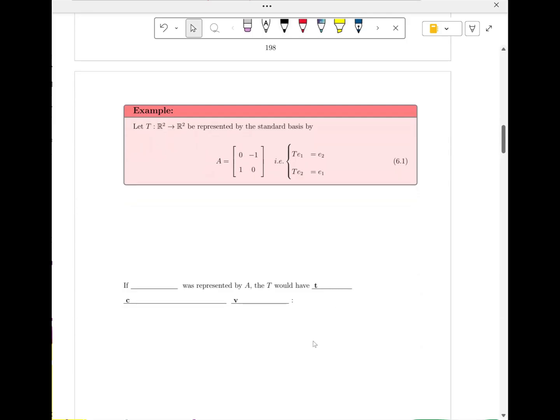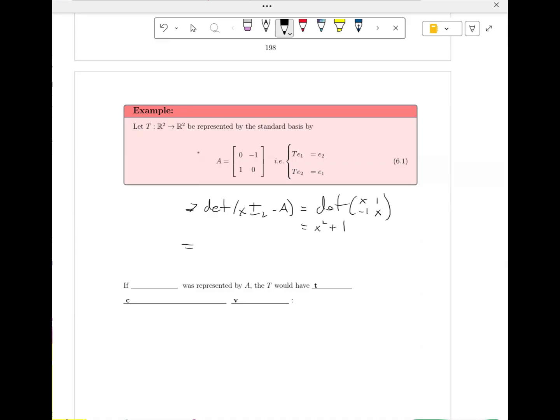So if we look at T, which maps R squared to R squared, represented using the standard basis, we have A equals [0, -1; 1, 0]. Then let's compute the characteristic values. The determinant of xI2 minus A equals the determinant of [x, 1; -1, x], which equals x squared plus 1.